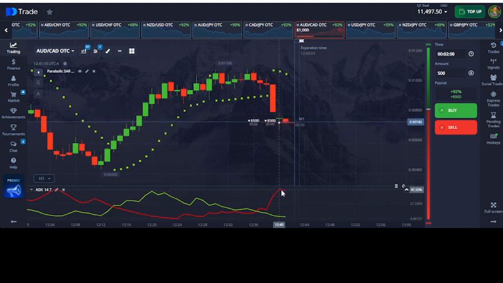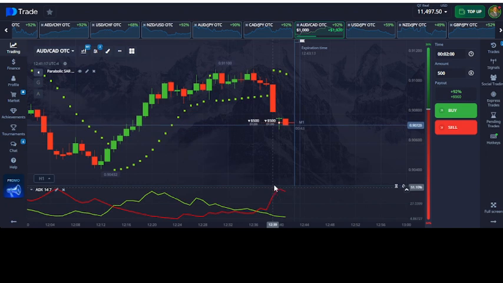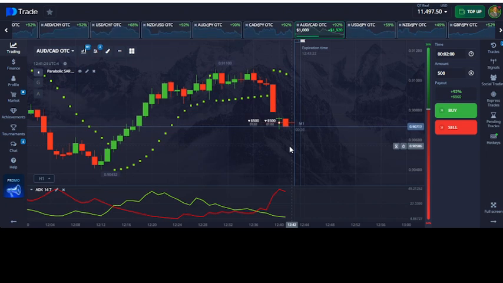The bears are stronger than the bulls right now, so this suggests a continued bearish push to the downside in the price of the OTC Aussie dollar Canadian dollar pair here. So let's monitor this trade and wait for the expiration.